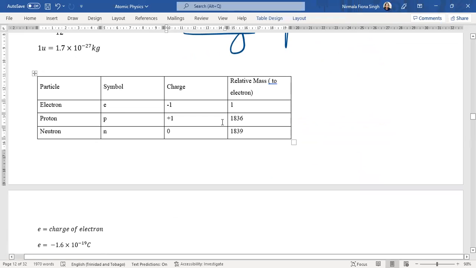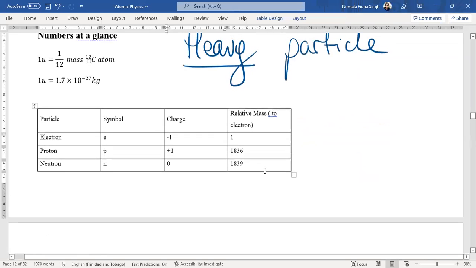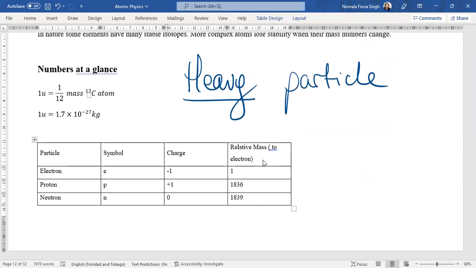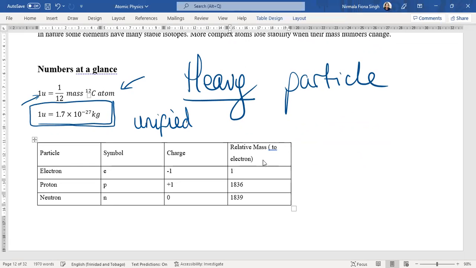Numbers at a glance. These are just numbers we should know, right? We're not going to talk too much about this as yet. When we reach nuclear energy, we'll speak about it. But because we're looking at very small charges and small materials, we developed something called unified atomic mass.